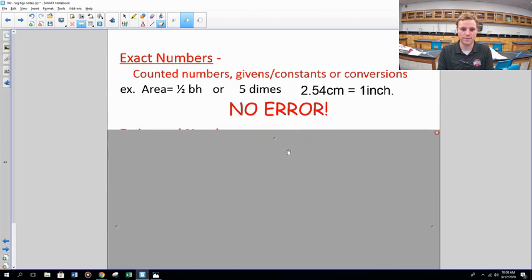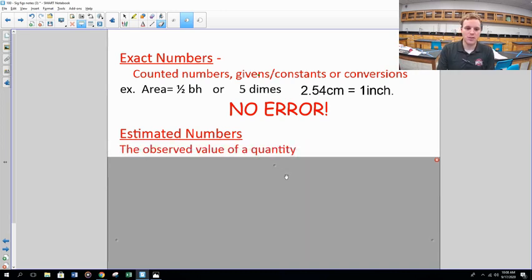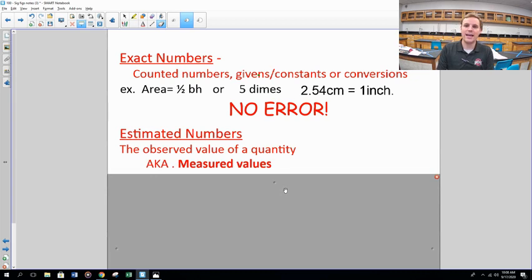There's no error. Now, estimated numbers. Remember, as we talked about measurement earlier this week, you read everything that you know, and then eventually you'll get to a point where you have to estimate. And once you estimate one time, you're done. But when you do estimate, you are introducing some error. So the observed value or quantity, aka the measured value.